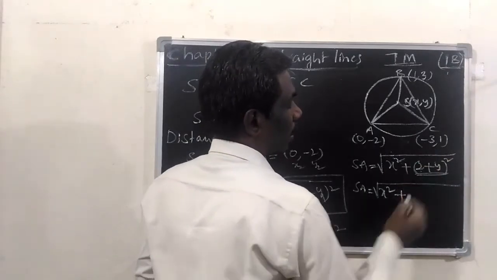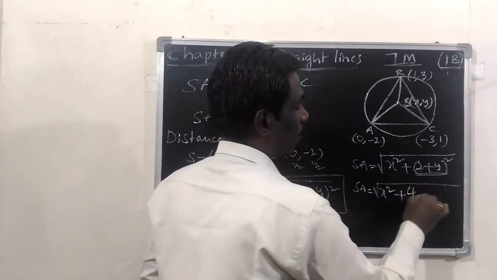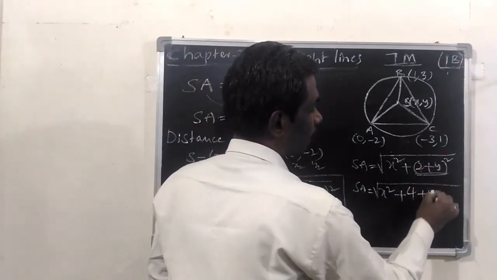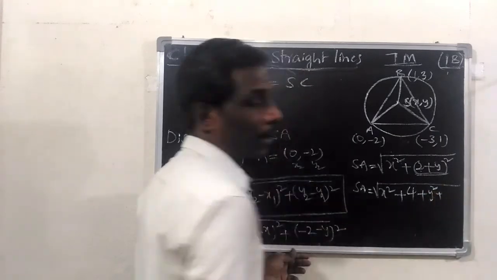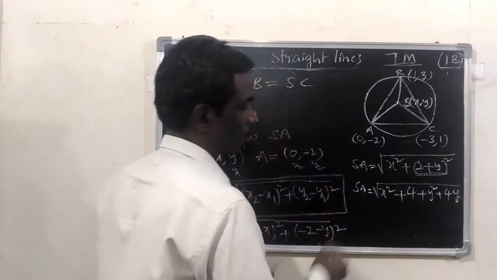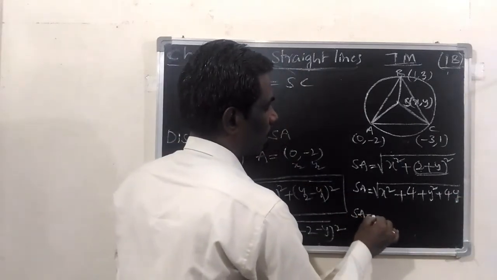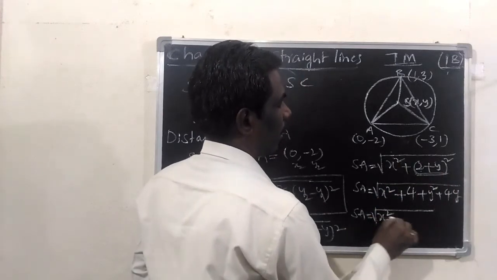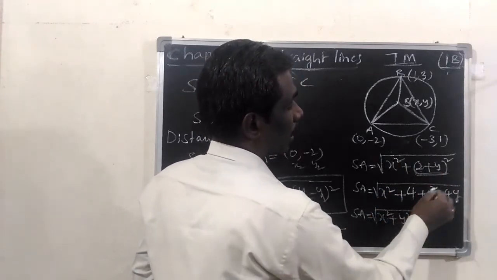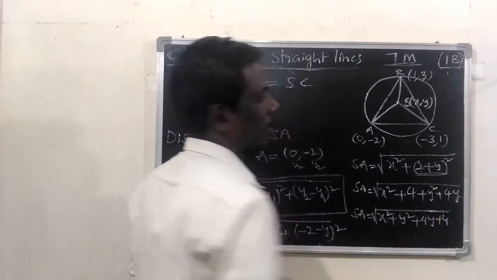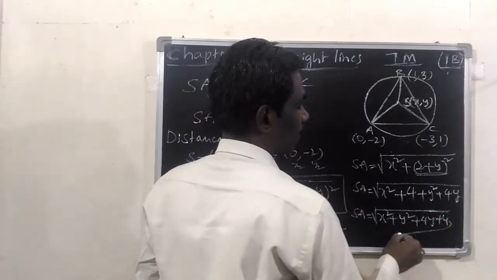For a square, write 2 square. 2 square is 4, plus b square, write y square, plus 2ab, 2 into 2 and y, 4y. Right now SA is equal to under root of x square plus y square plus 4y plus 4. This is the first equation.